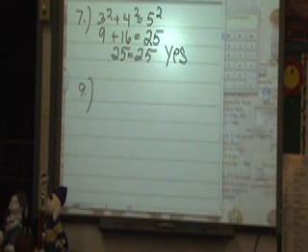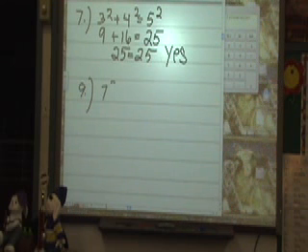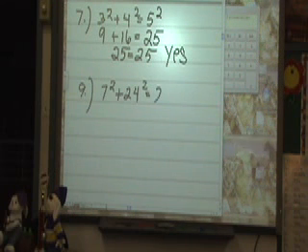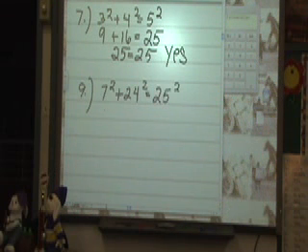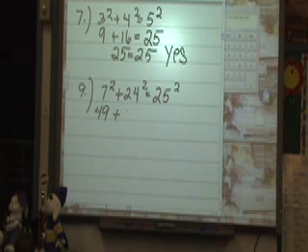Number 9, Nora, what equation will you use to check to see if it's a right triangle? 7 squared plus 24 squared equals 25 squared. Right. 7 squared is? 49. 24 squared? 576.